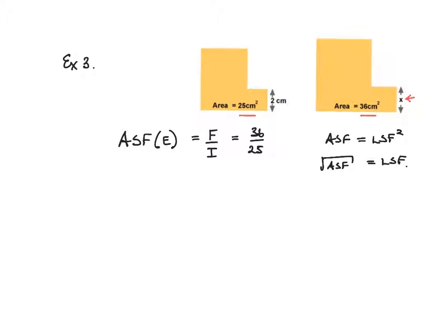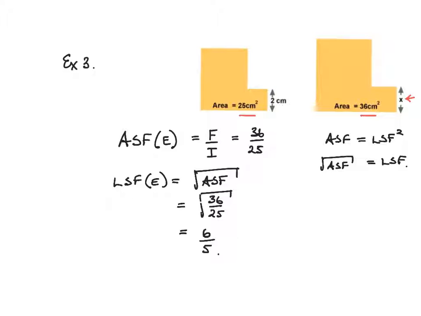And that's what we're going to do just now. So the length scale factor for enlargement is the square root of the area scale factor. The square root of the fraction 36 over 25. Now, the square root of 36 is 6. The square root of 25 is 5.